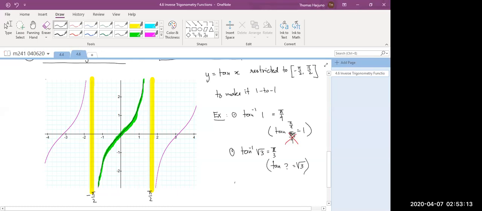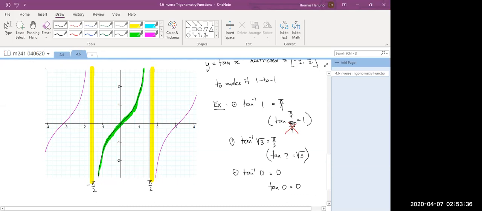Okay, how about tangent inverse of 0? Two pi? Nah, tan 0 equals 0, right?